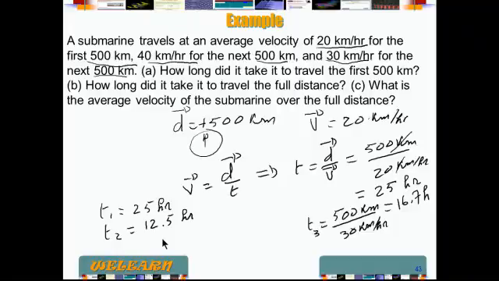Okay, so T3 is 16.7. So the answer to part B is the sum of all these times. So the overall time is T1 plus T2 plus T3.